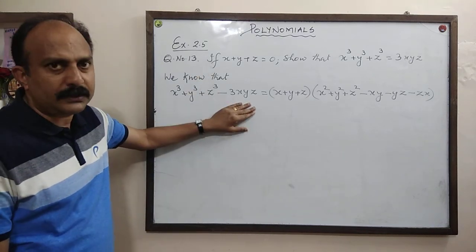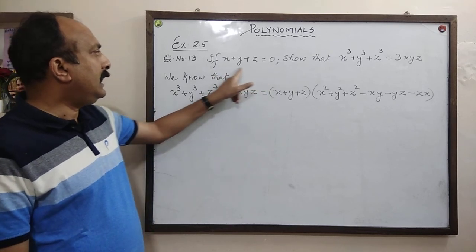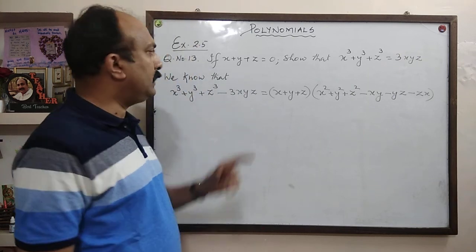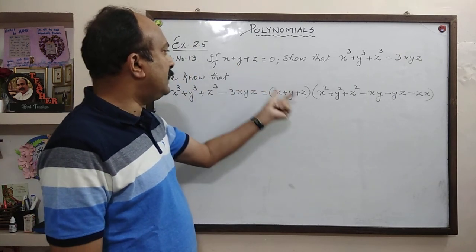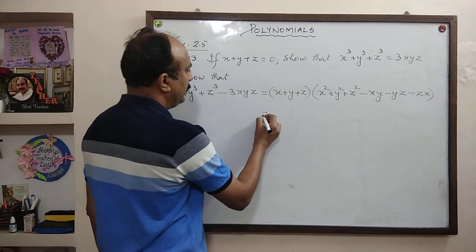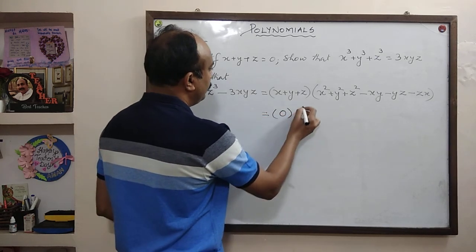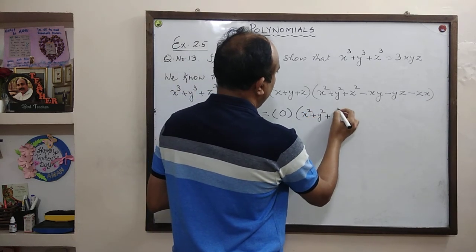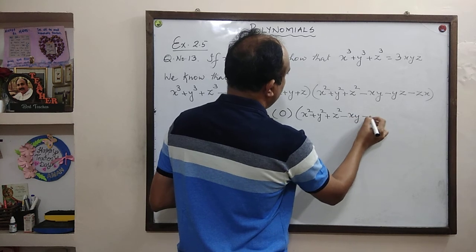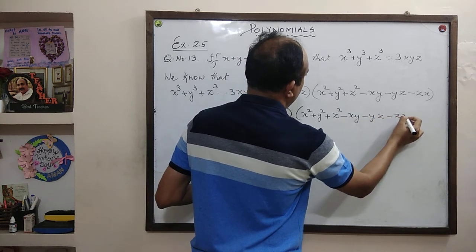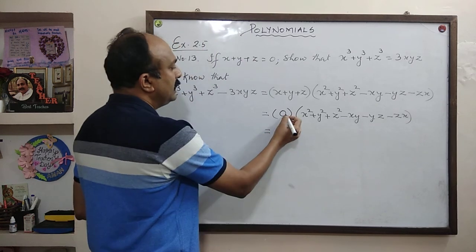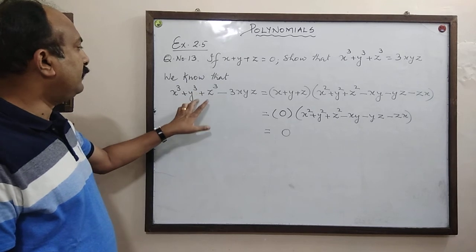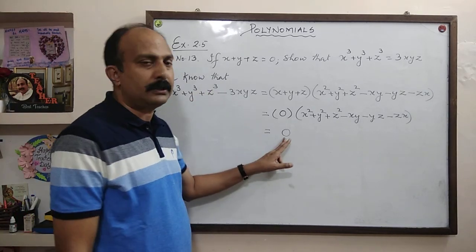Now in this particular question, we are given that x plus y plus z equal to 0. Now I am going to substitute the value of x plus y plus z equal to 0 here. So it will become 0 into x square plus y square plus z square minus xy minus yz minus zx. And we know that 0 into anything is 0. So we got x cube plus y cube plus z cube minus 3xyz equal to 0.